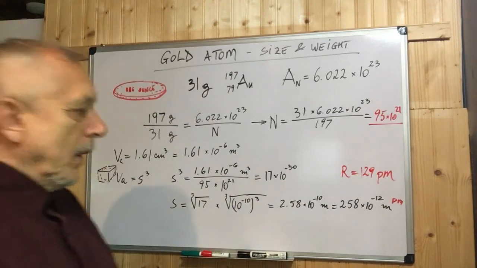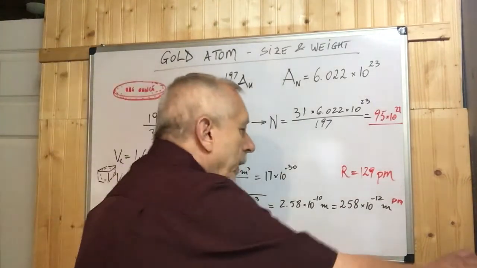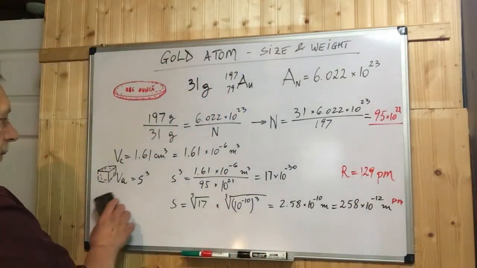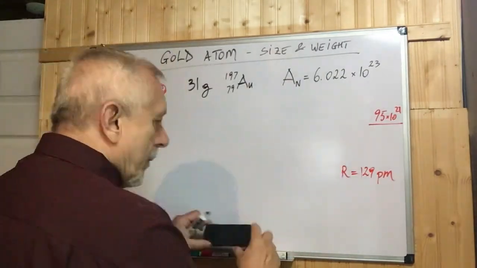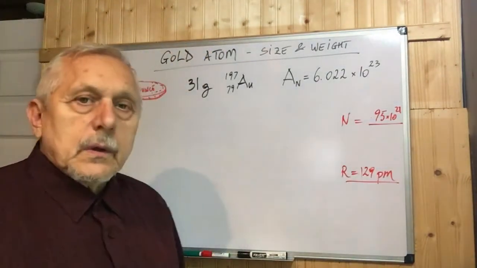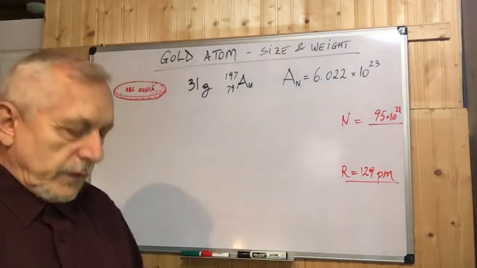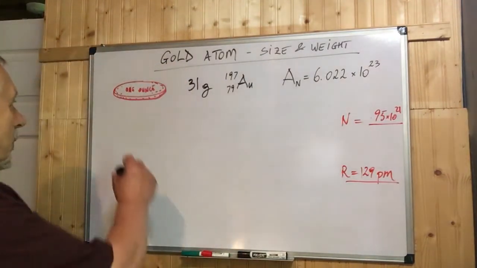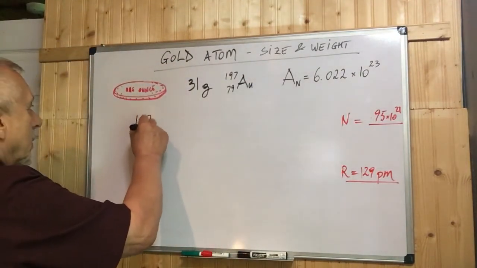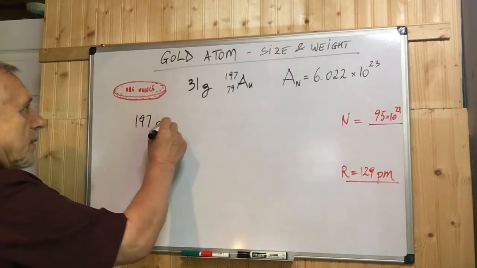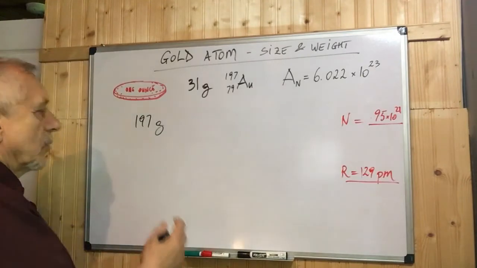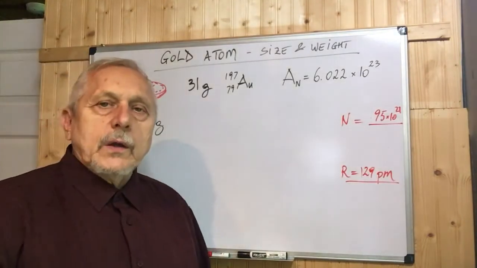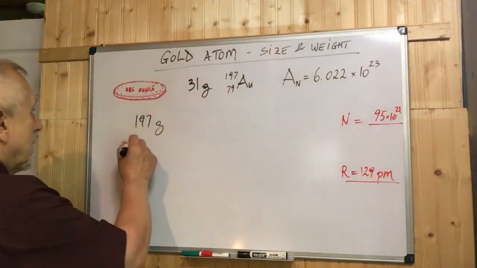Now, what else can we do? We can calculate the weight of the atom, so let's do it right now. Let's calculate the weight of the gold atom. It's quite easy. We know that 197 grams contains the Avogadro number of atoms. So in order to find out how heavy one atom is, we just divide.